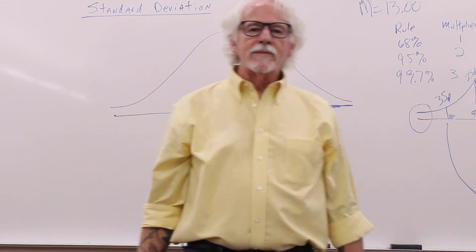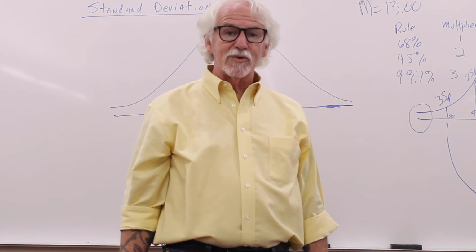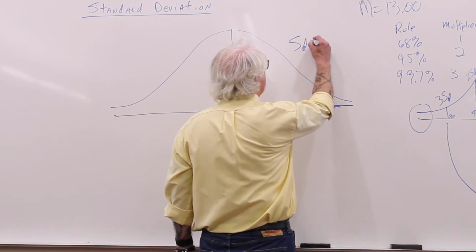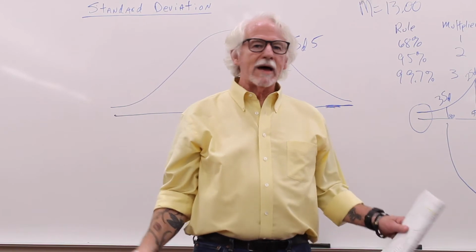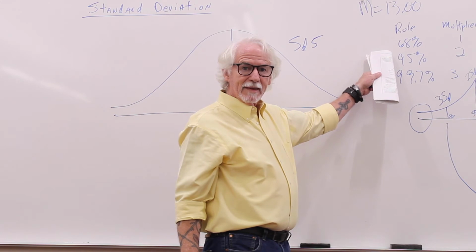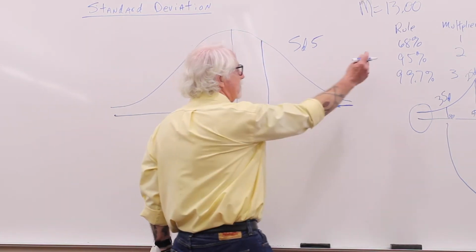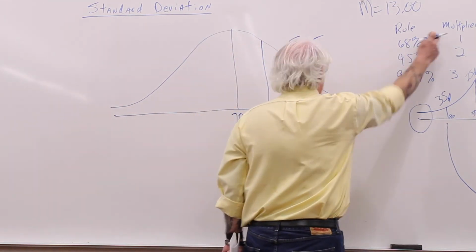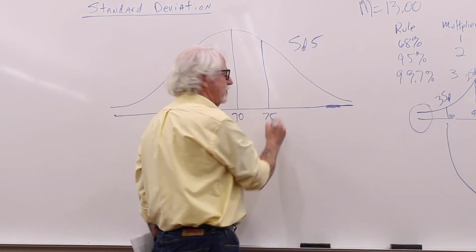If I want to know where 68% of the people's scores lie, say my standard deviation in this case is 5. If I want to know what 1 standard deviation away is, I multiply my standard deviation by the multiplier, which is 1, and so I know this is 75.